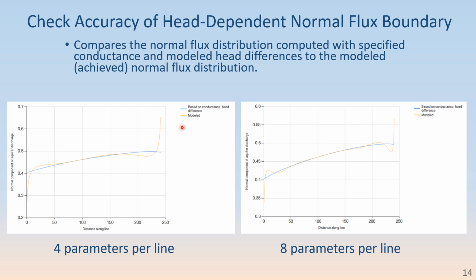The modeled normal component of discharge is the orange curve. And in this plot, there are 4 parameters per line, so it gets it exactly at these points, 1, 2, 3, 4, and approximately in between. And then with 8 parameters per line, you get it exactly at 8 points and a closer approximate distribution in between.